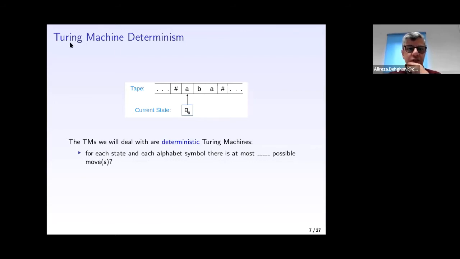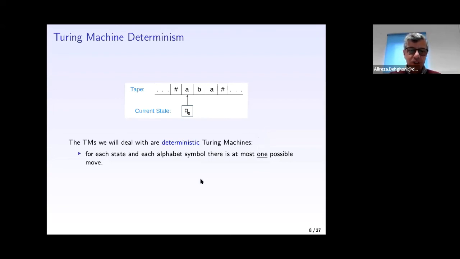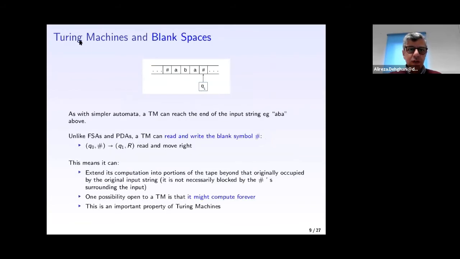In a specific situation, obviously, it should be just only one move. Why? Because if that's deterministic, that means you should have only one option. Everything is deterministic, right?